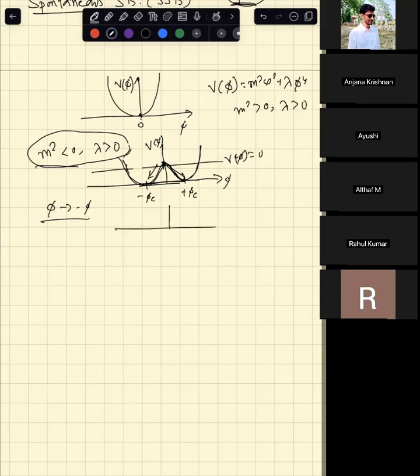Because when the particle is in this particular solution here, it can feel all the symmetry around itself. But when the particle reaches here, then it cannot go this way. This is not allowed. Why? Because if it has to go, then it has to tunnel through this potential.